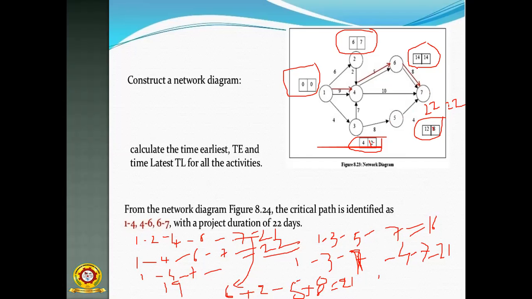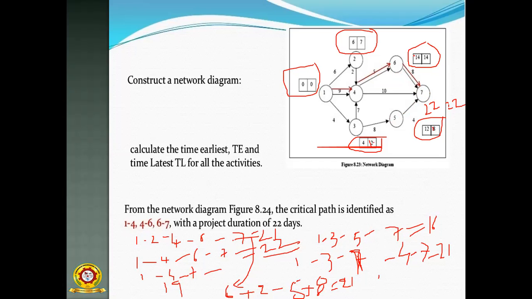So backward, that means you have to subtract these values, 22 minus 4 like this. So 22 minus 8, then 14. 14 minus 5, that is 9. And 20 minus 6, 14.